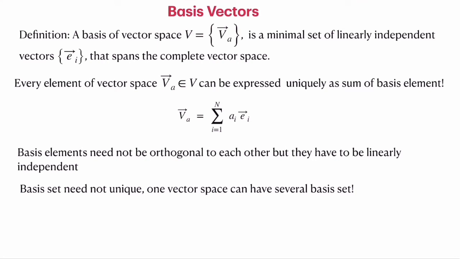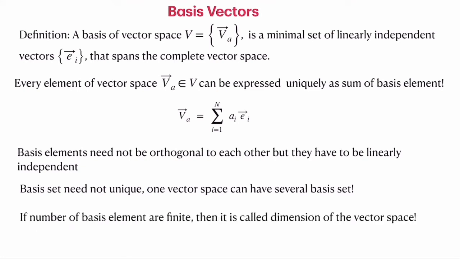It is always possible to have a unique relation between two basis sets. If the number of elements is finite, then it is called the dimension of the vector space. If there are an infinite number of elements in the basis, then the dimension of the vector space is infinite.